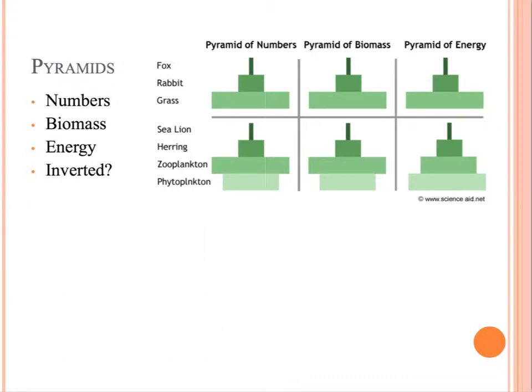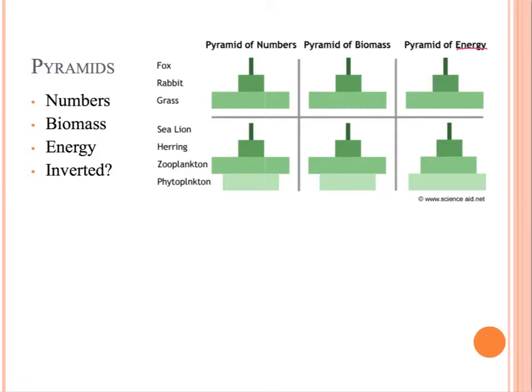Pyramids in ecosystems are really just a nice, clear graphical way of showing the interrelationship between the different feeding levels, the different trophic levels within that ecosystem. If we have a look at, right from the very beginning, we'll look at the one right on the right hand side, the ones for energy.